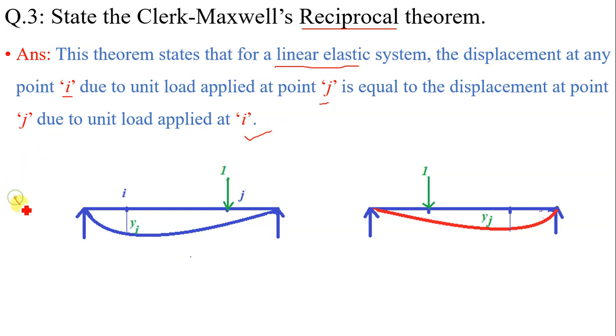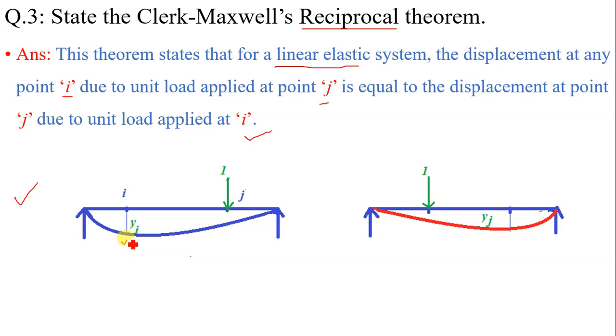Now in this first figure, there are 2 points on the beam considered, I and J. A unit load is applied at J, and this is the deformation of the beam, or say the deflected shape of the beam. Now point I will move to a new position.